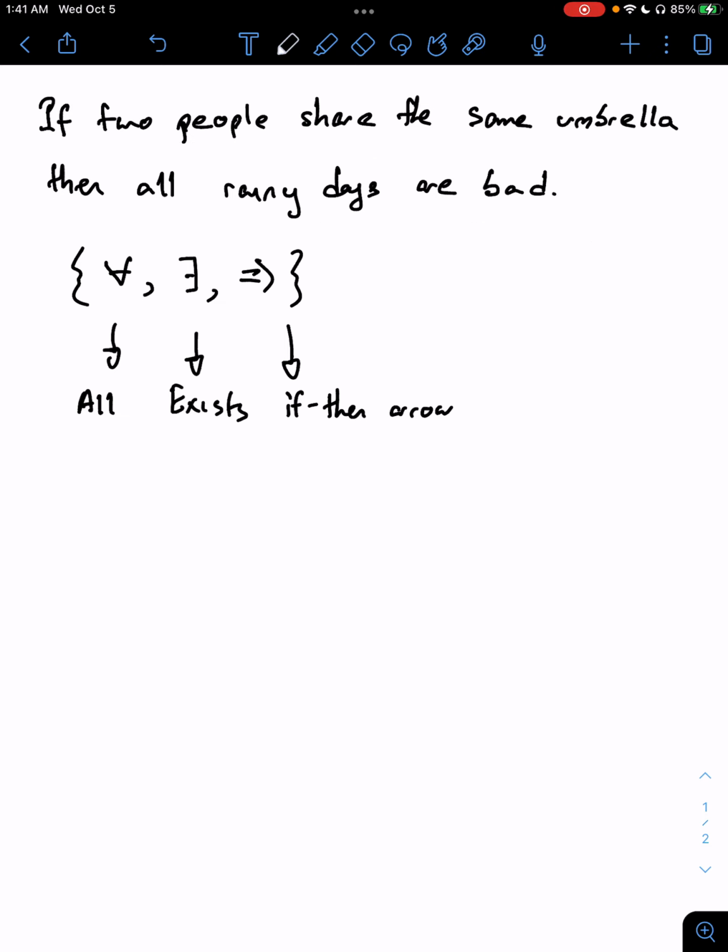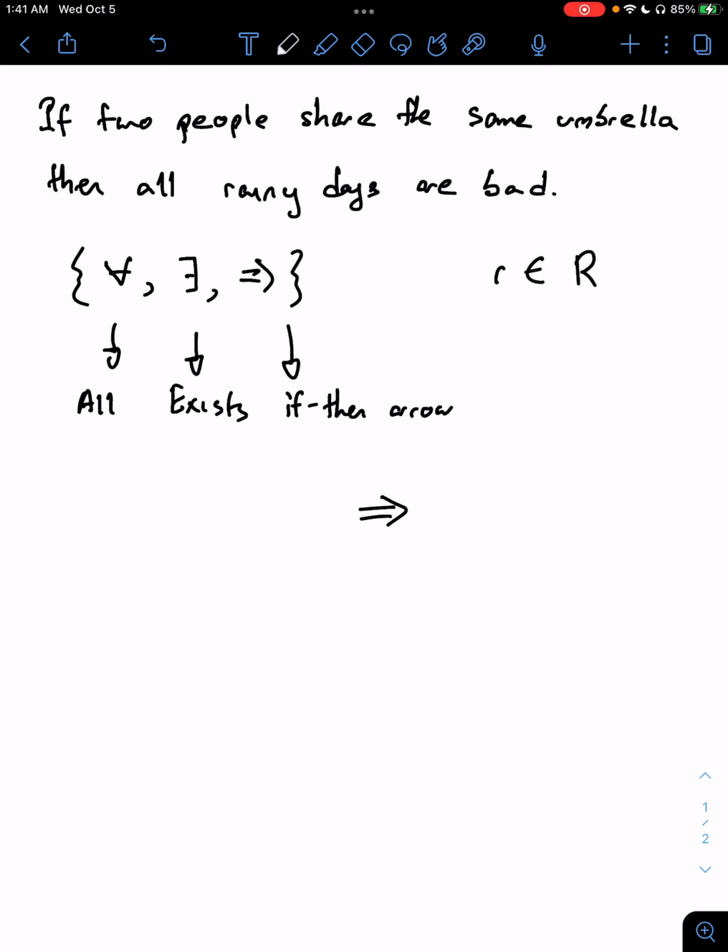So the if-then arrow basically separates those two, so that's going to go in the middle. And the prompt also says that rainy days, small r, is an element of, oh no, the wrong thing, of big R, right? So that's rainy days, which you can represent through that. So let's do the thing.